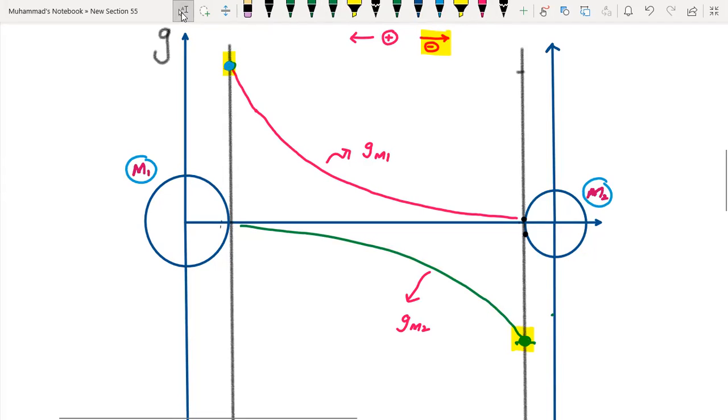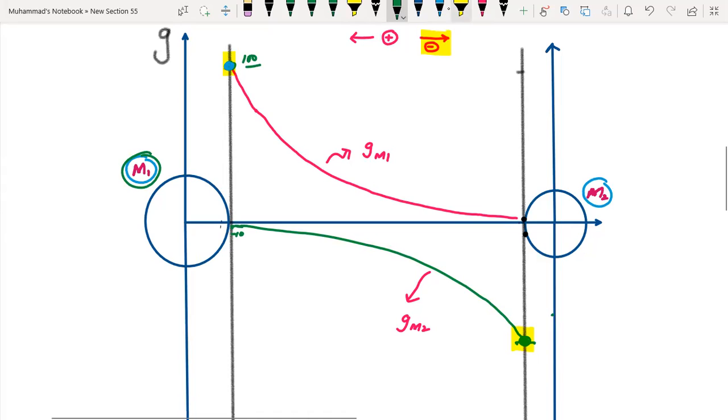At this point, it has some positive value, and due to this mass, it has some negative value. Let's say this value is 100 for your ease, and this value is minus 10. So what will be the resultant at the surface of this mass m1? 100 minus 10, it will be 90.